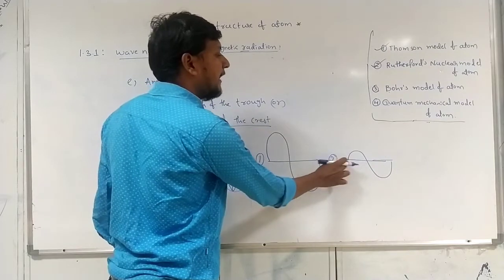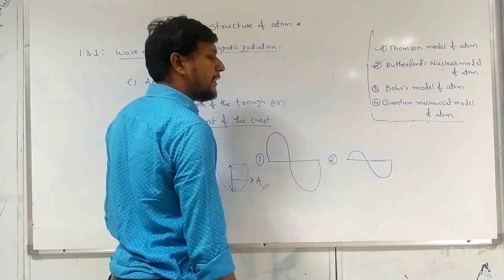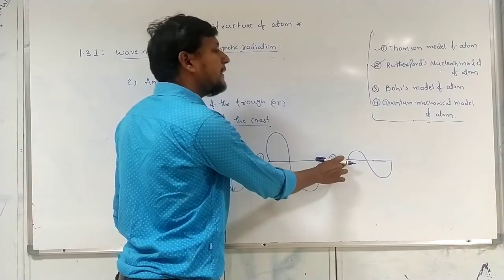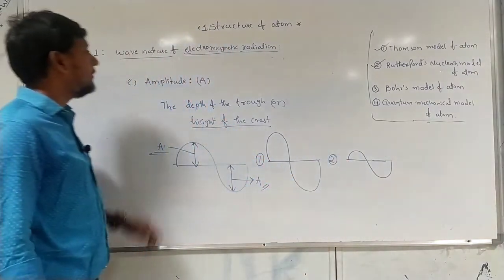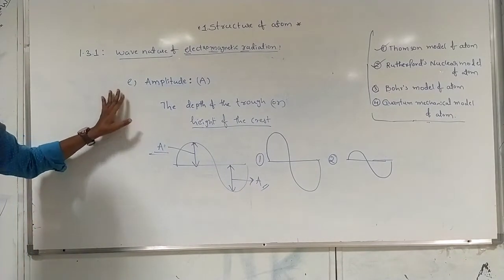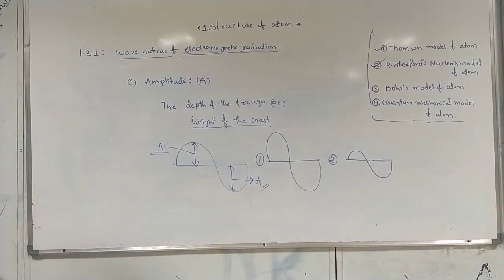At that time, the radiation has less intensity and less brightness. This is the information regarding amplitude. Note it down.